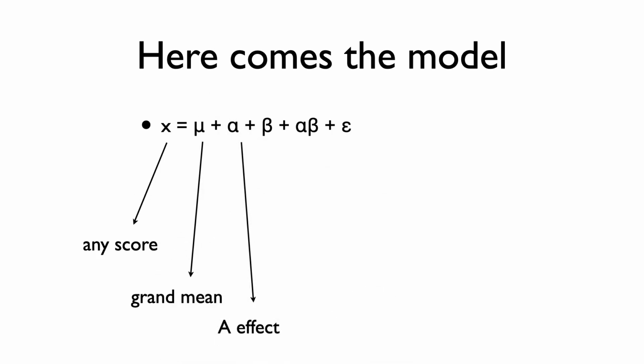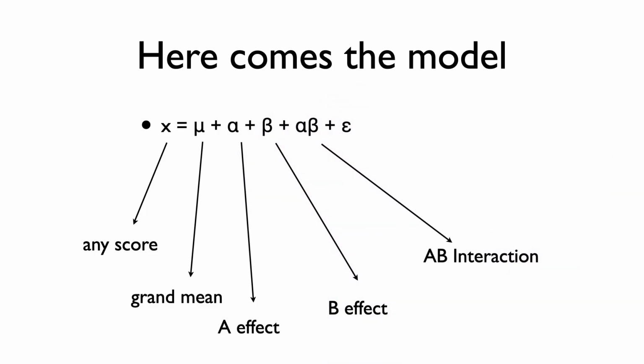The effect of variable A. If we want to call variable A the one across the top, whether that was level of processing or whatever it was, we're going to call it variable A, just one of the variables. And then we've got the effect of variable B, that's beta. And this is the new part. Actually, the rest of this is the same as before, except now we get two variables, A and B, instead of just one called T for treatment. But fine, we've got this new thing called an A-B interaction.